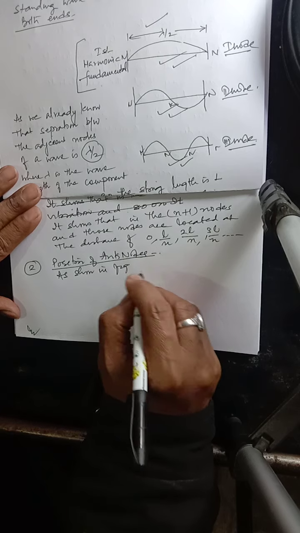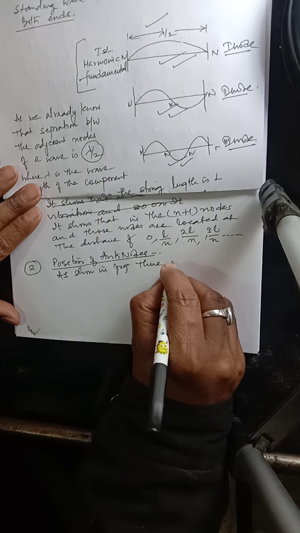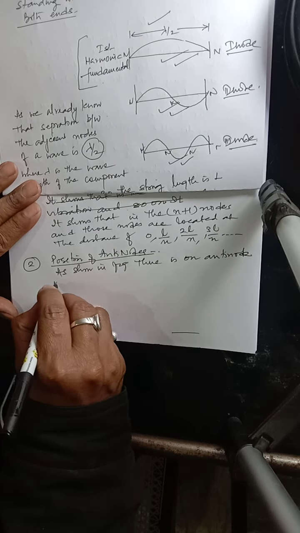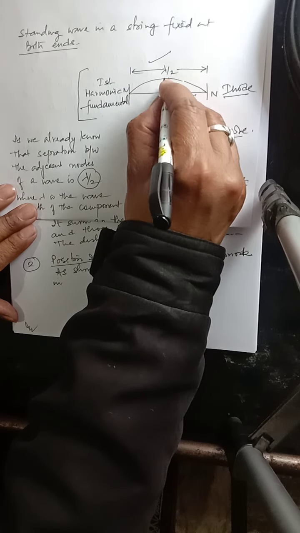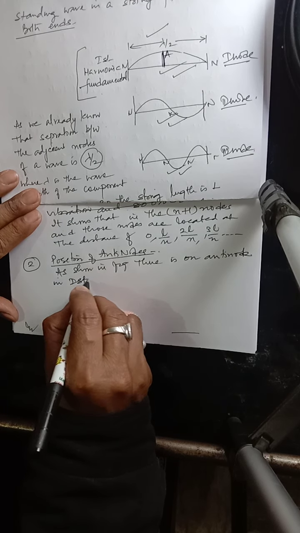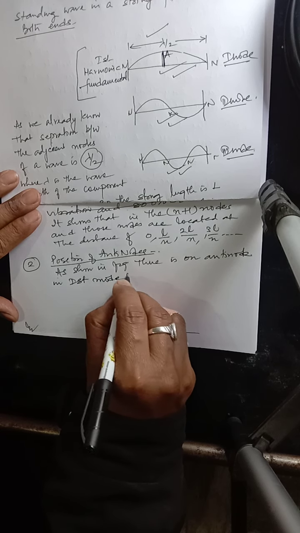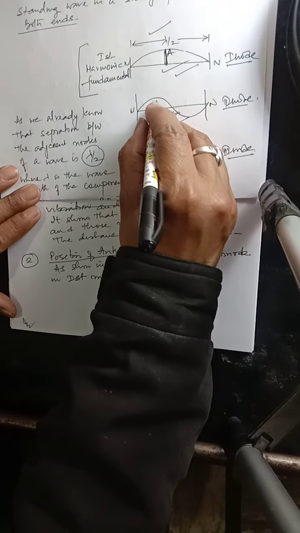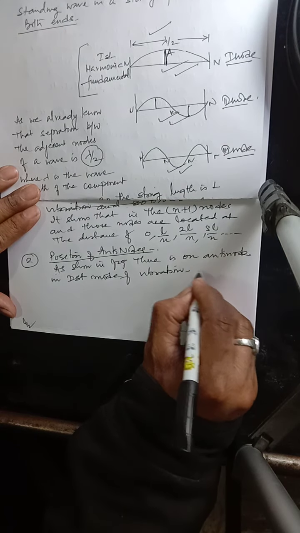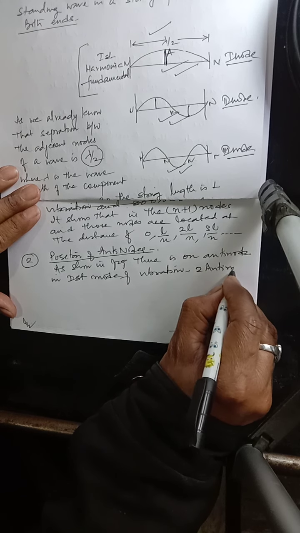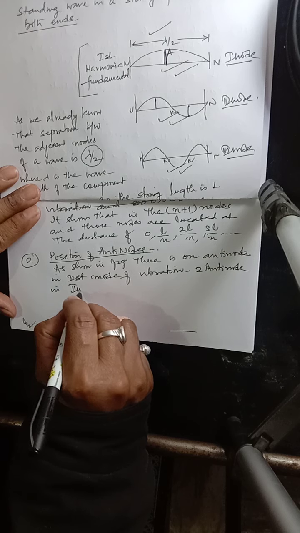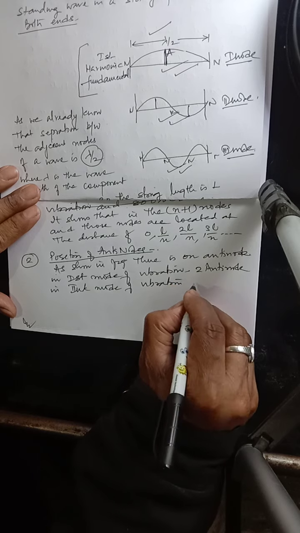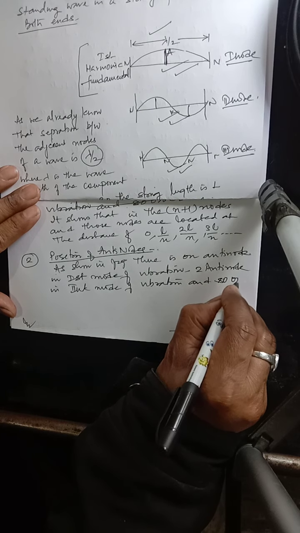In these figures, there is one antinode in the first mode of vibration. In this 1 and 1, 2. Two antinodes in second mode of vibration, and so on.